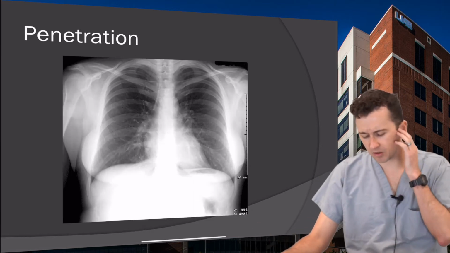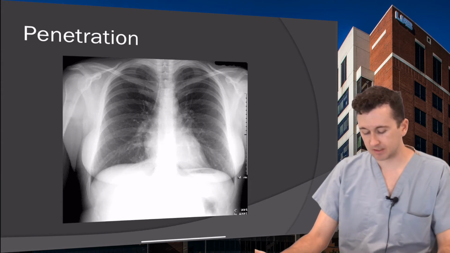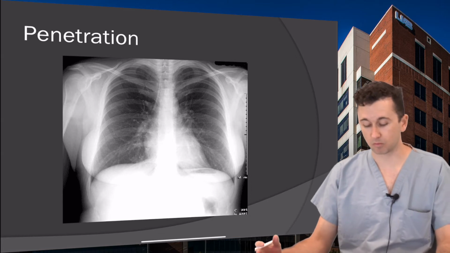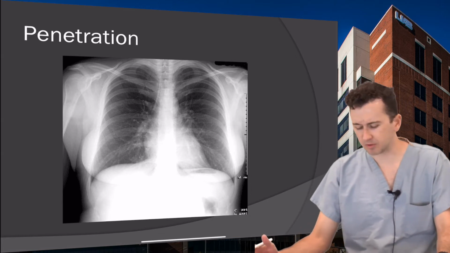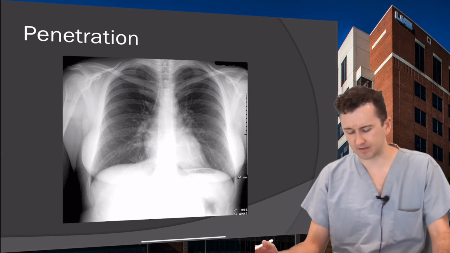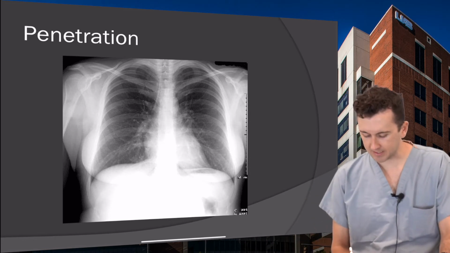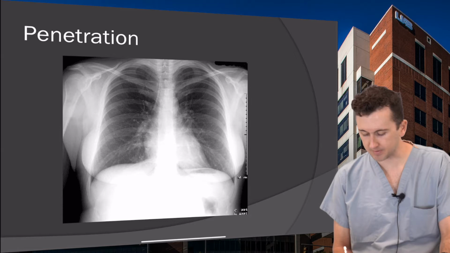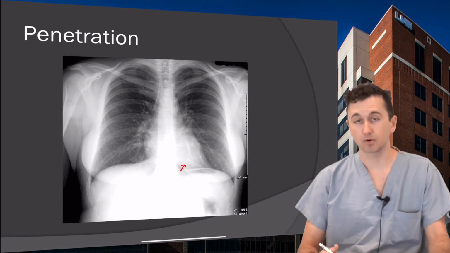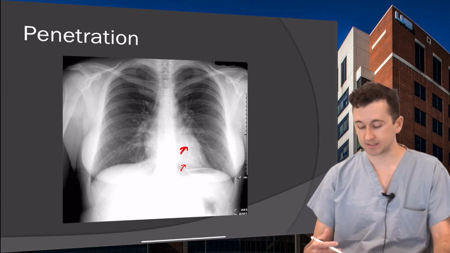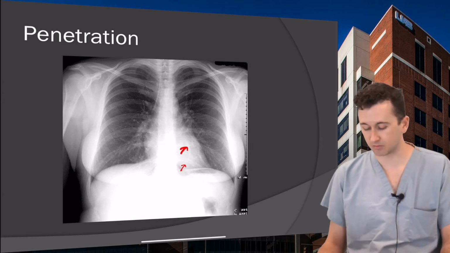So when it comes to determining whether a film is properly penetrated or properly exposed, there are a couple of different things that we look at. The easiest thing to determine is to glance at the ribs behind the heart. You should just be able to barely make out ribs behind the heart, and if the ribs are too prominent or you can't see them, then the film's either underexposed or overexposed.